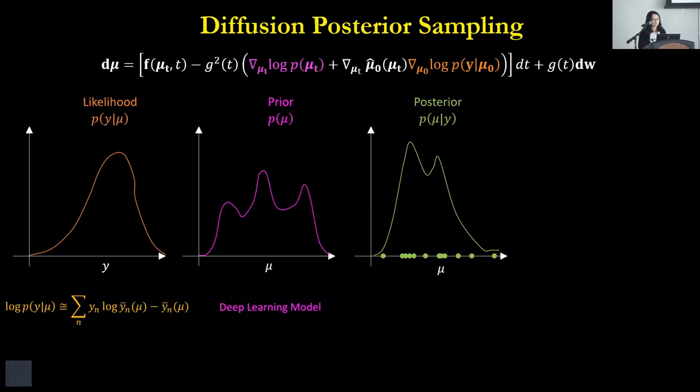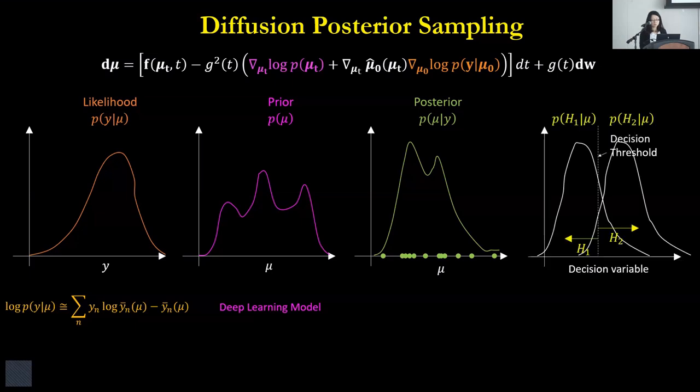So now we have an algorithm that can draw samples from the posterior distribution. A natural question that arises is, how do we use these posterior samples? First, we want to recognize that the purpose of performing reconstruction is to complete downstream tasks. So we're really interested in the integration of the posterior in the space of hypotheses. The simplest form of imaging task is binary decision making.